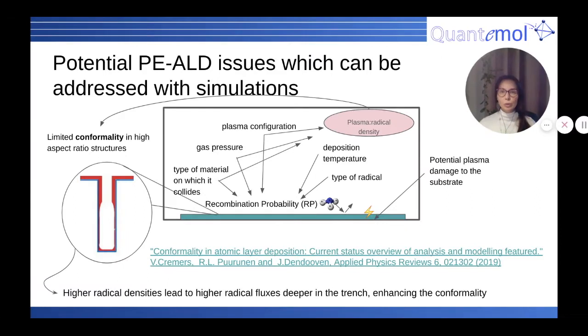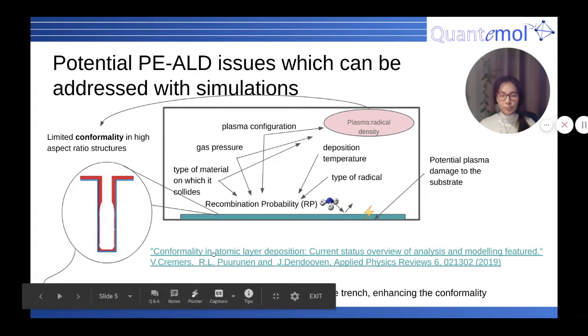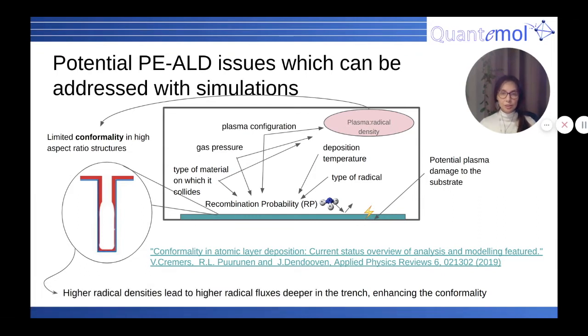Here is an example of a potential application in the case of plasma-enhanced ALD. I used this, and the next slide is based on an overview by Kremers and others, which I cite here. What they suggest is that as much as plasma-enhanced ALD has a lot of advantages, it also offers limited conformality in the case of high aspect ratio features.